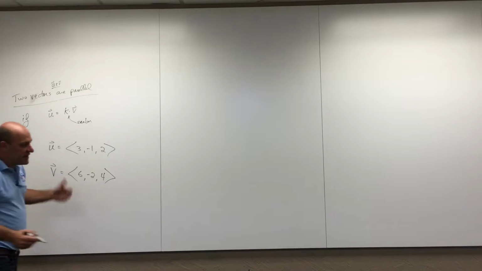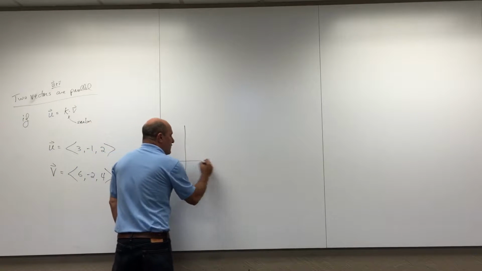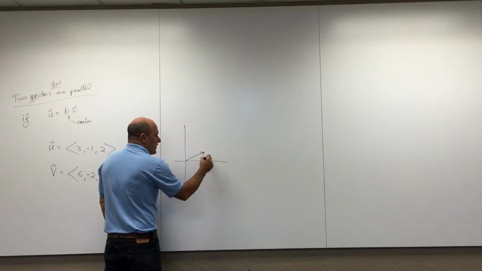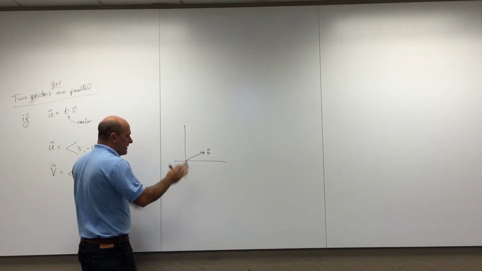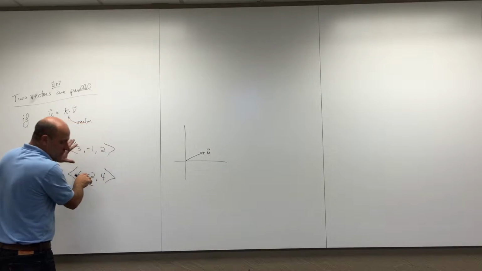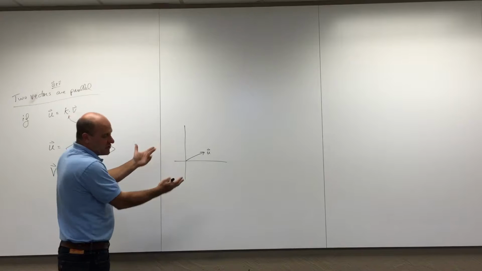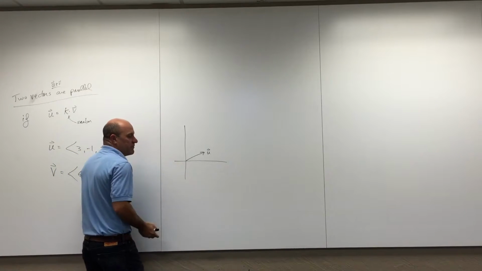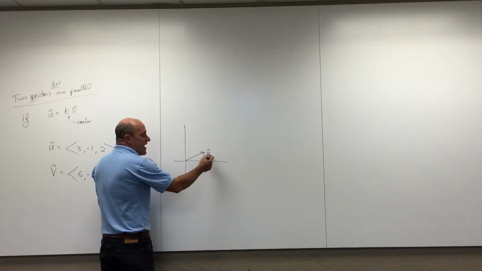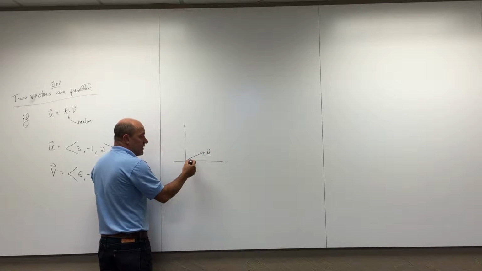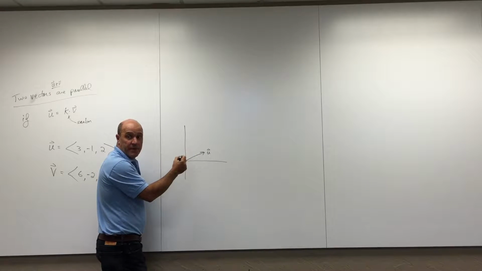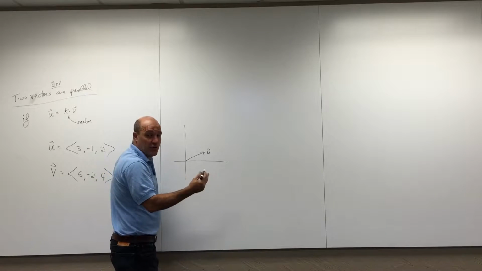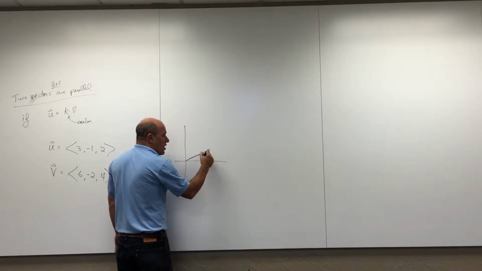What's funny is if you drew one, sorry, now I went to a two-dimensional picture for a minute. These are 3D vectors, but I went to a two-dimensional picture for a minute. If I had 2 times u, it would be 2 times as long.